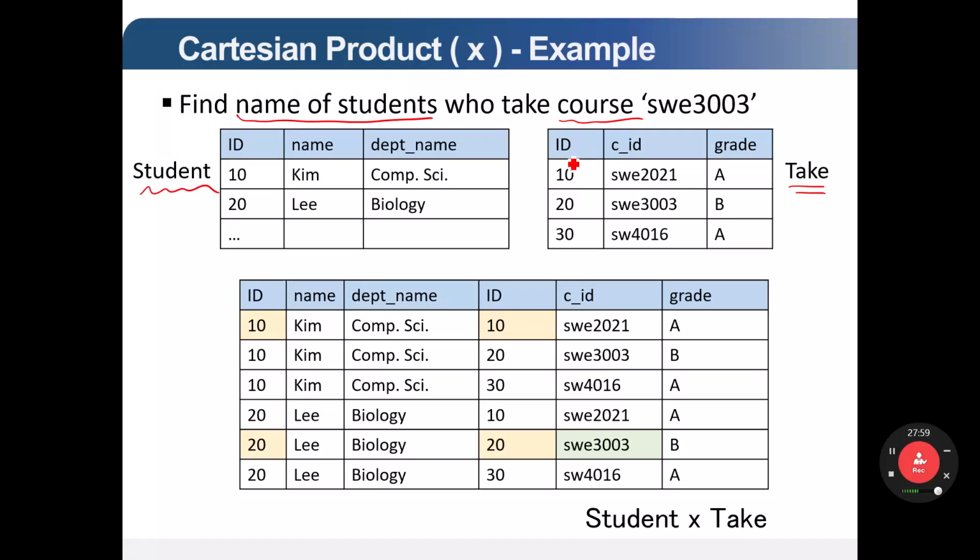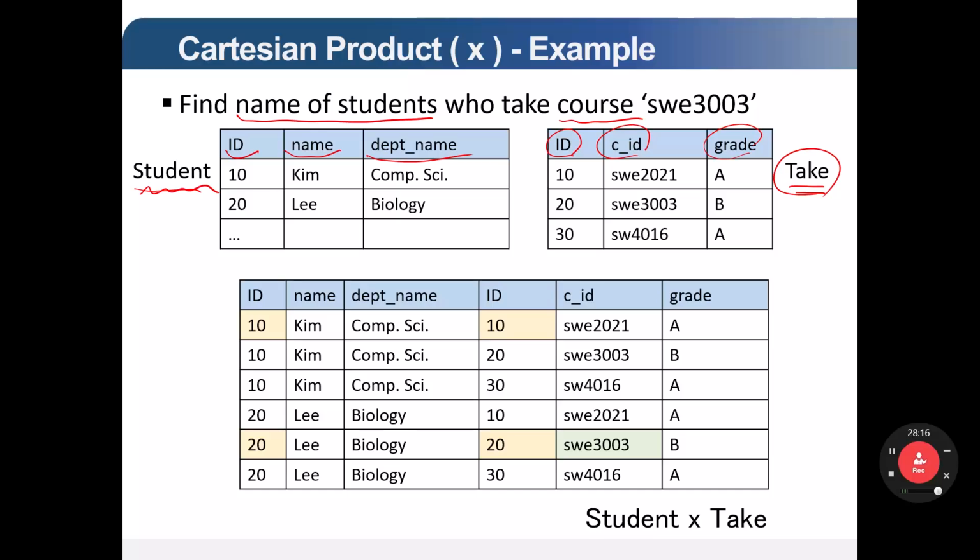In the take table we have student ID and course ID and what letter grade each student got in each course. Let's assume that. And the student table has student ID, name, and department name.